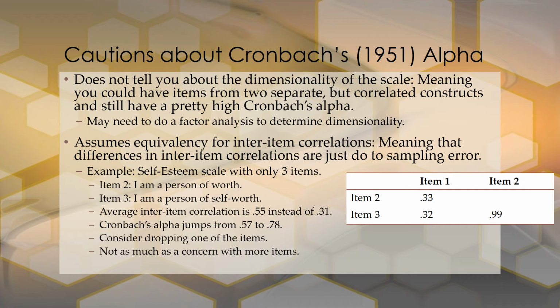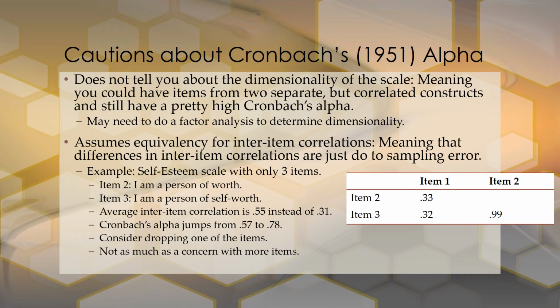Here are some more cautions. Cronbach's alpha tells you nothing about what's called the dimensionality of the scale. That means you could actually have two separate constructs on the same scale, and you wouldn't know it by just calculating Cronbach's alpha.